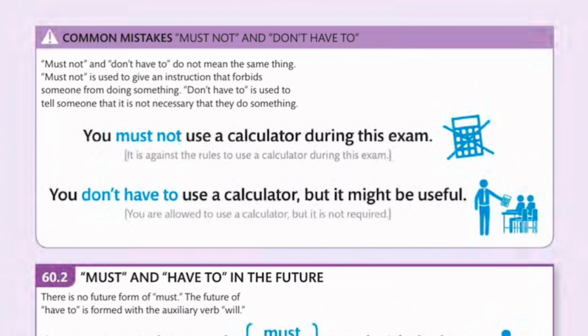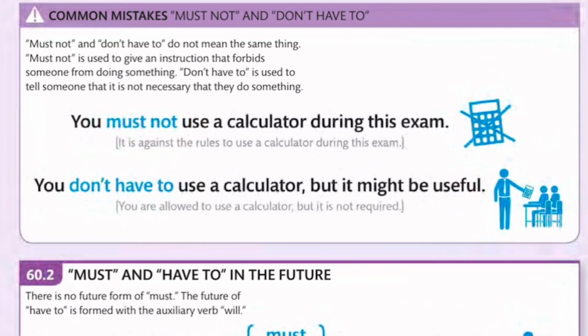These are the common mistakes that we should avoid. Must not and don't have to do not mean the same thing at all. Must not is used to give an instruction that forbids someone from doing something, while don't have to is to tell someone that it is not necessary that they do it. You must not use a calculator during this exam.